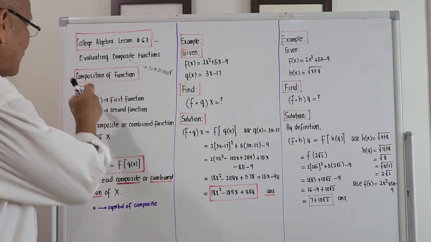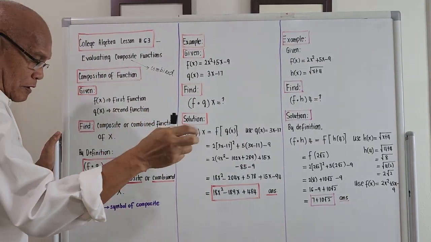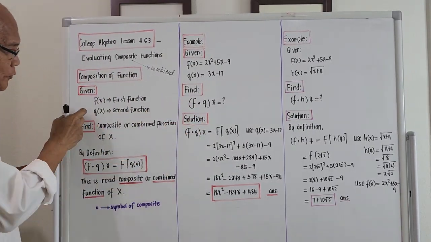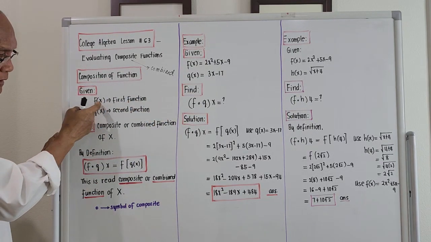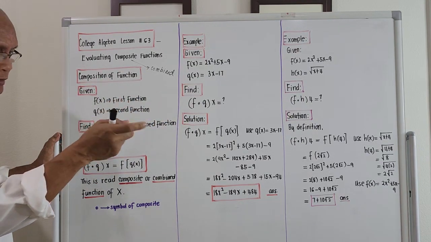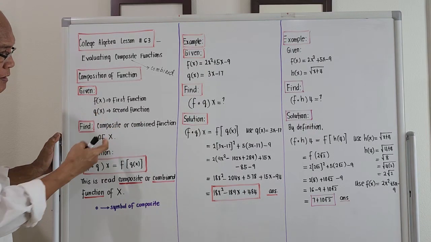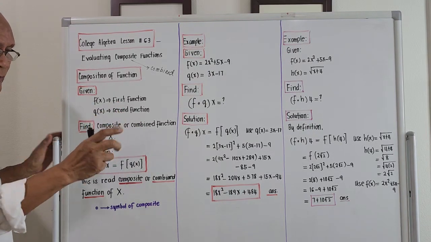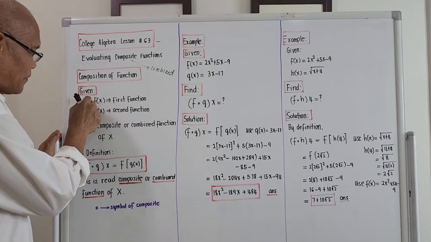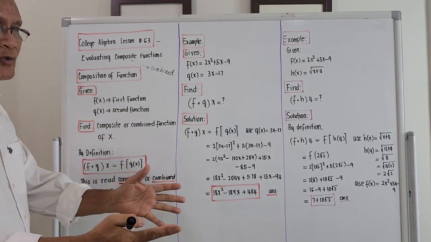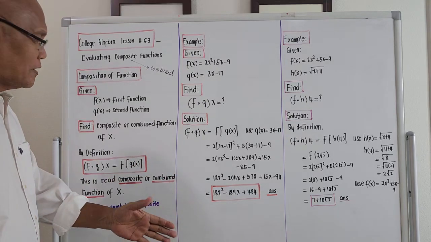Okay, composition of function. We are given two functions. The first function is f of x. The second function is g of x. First function, second function. The only problem here is how to combine these two functions here. There's no hard thing about it, right?